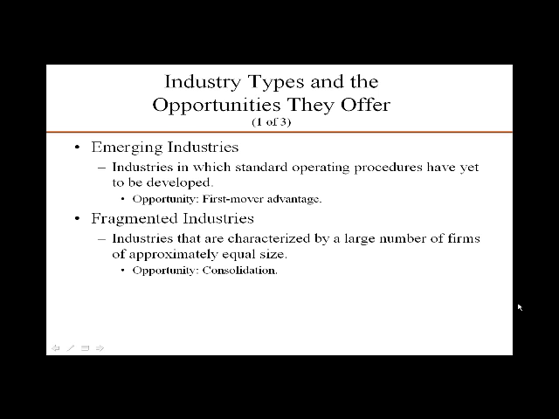There are other types of industries that are called fragmented, large numbers of firms. Here, usually the business opportunity is to consolidate. You saw that during the early 1900s. You didn't see it, nor did I, but history tells us that in the early 1900s, the automobile industry was like that. And companies like Dodge, Plymouth, Chrysler, consolidated under Chrysler.